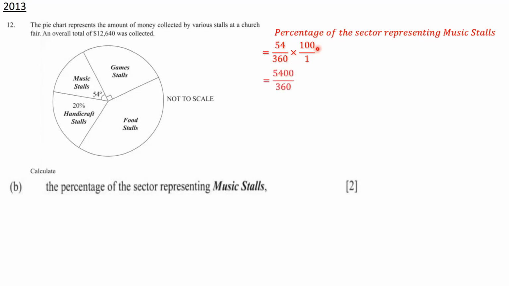We do 54 multiplied by 100, that's going to be 5,400, and 360 multiplied by 1 is 360. And 5,400 divided by 360 is going to be 15. So the percentage of the sector representing music stalls is 15%. Okay, let's move on to the next question.